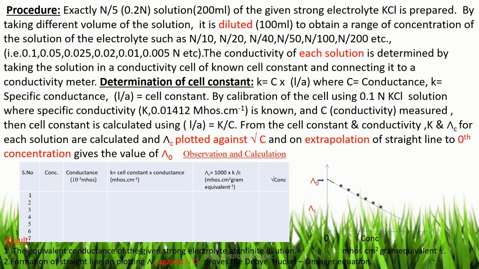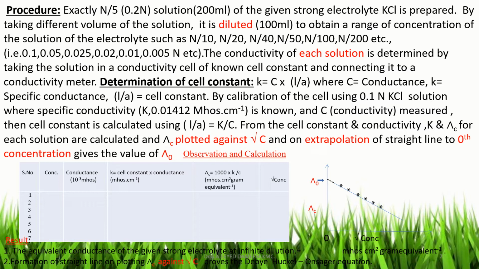Procedure of the experiment: exactly N by 5, that is 0.2 normality KCl solution, is prepared by weighing the required amount of KCl in a 200 ml standard measuring flask, and the solution is made up with distilled water. That is the bulk solution.